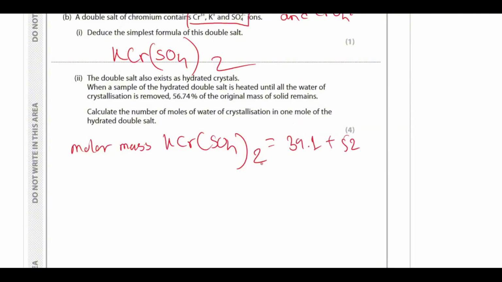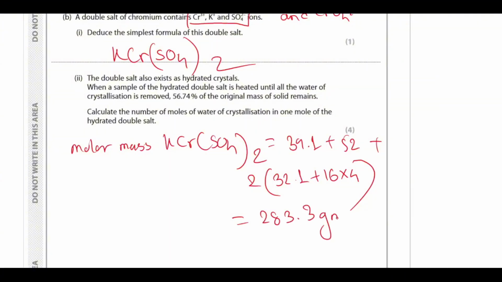Since the sulfate is times 2, you can just add 2 of them. We know for sulfur it's 32.1. For oxygen, it's 16 times 4. Eventually, the total value will be 283.3 grams per mole. That's the molar mass of KCr(SO4)2.